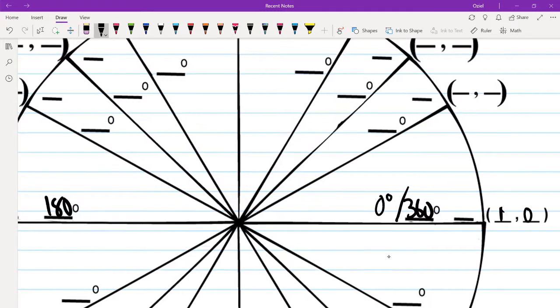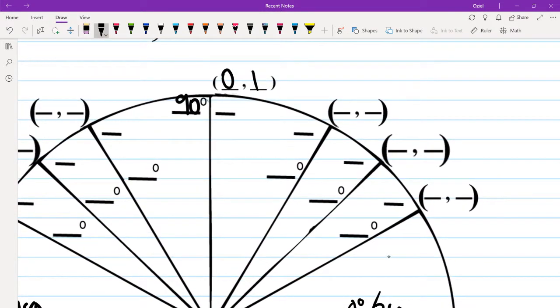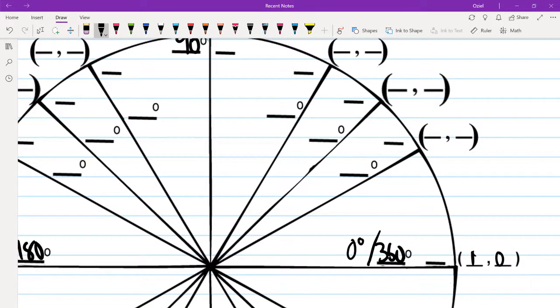So then what I like to do is, right here, I'm gonna highlight where the unit circle is between 90 and 0 degrees.